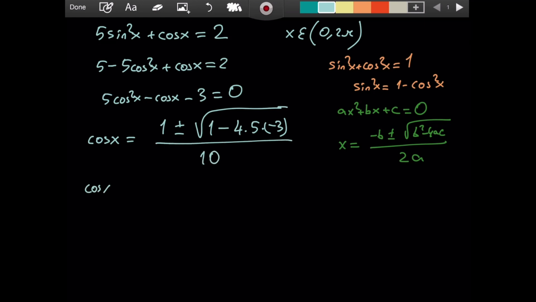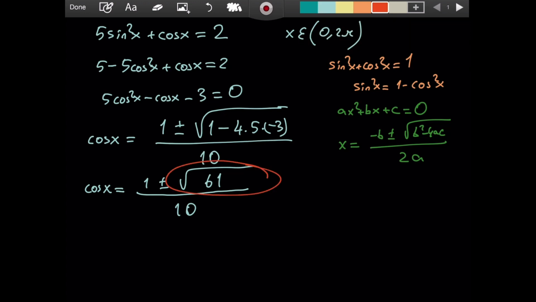So cosine of x is 1 plus or minus, well, let's see, it's going to be 20 times 3, 60, 61, divided by 10. And as you can realize, the polynomial was in fact not factorable because we have the square root of 61 basically. We wouldn't be able to come up with this factor if we did not use the quadratic formula.